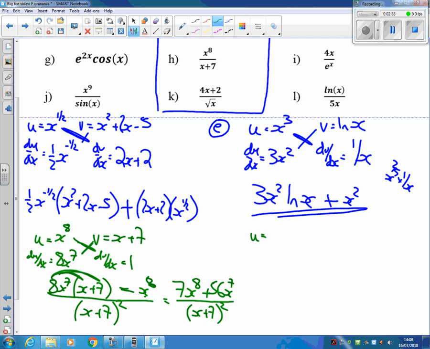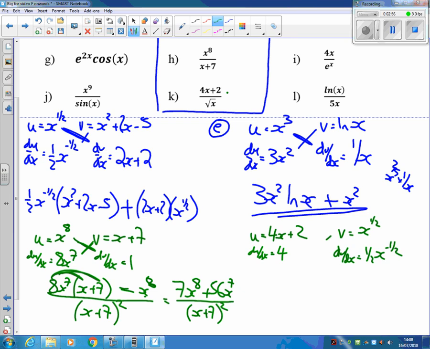And this one here then, so this is k. I've got u, always the top bit, that differentiates just to give 4. I've got v as the bottom bit, again I'll write that as x to the half, so I've got a half x to the minus half.